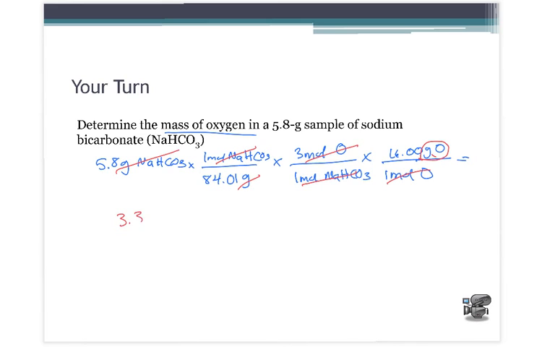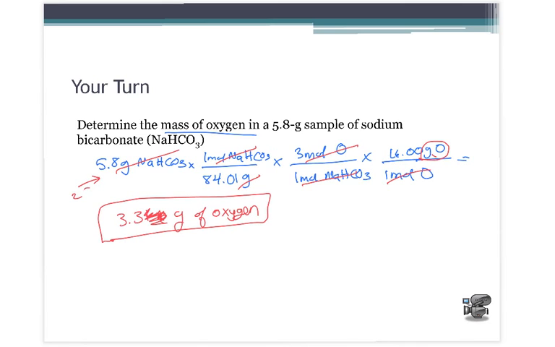So I get 3.31 grams of oxygen. Don't forget to round. Well, this would actually be 3.3 because we have 2 significant figures here, okay? And our units, grams of oxygen.